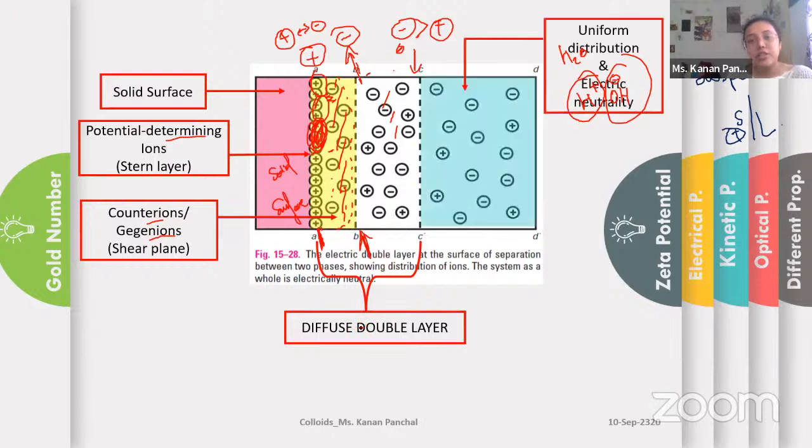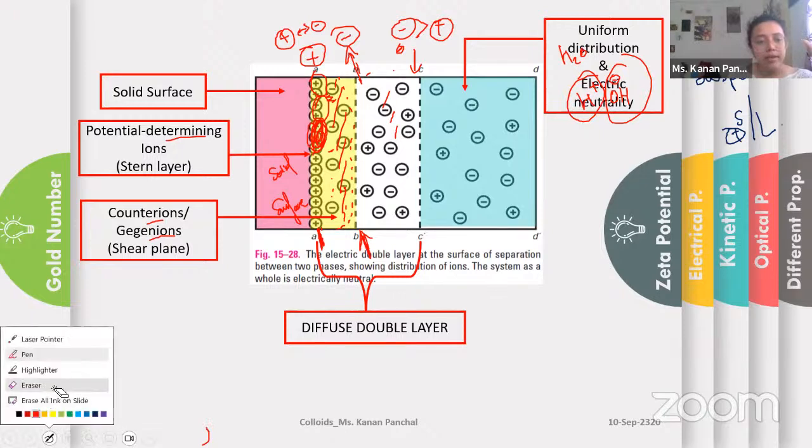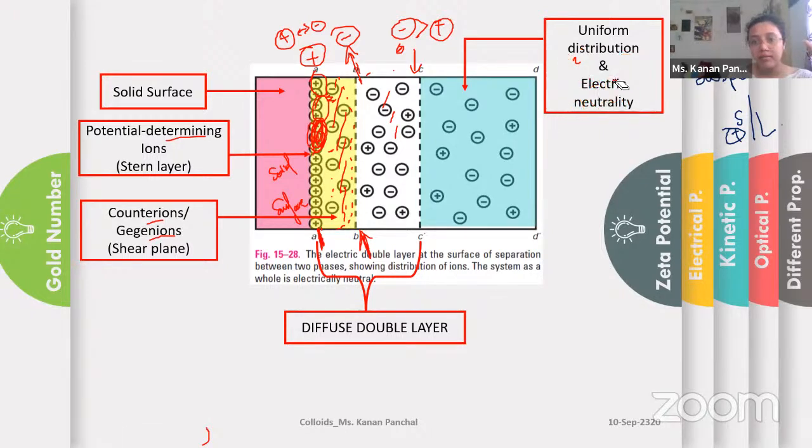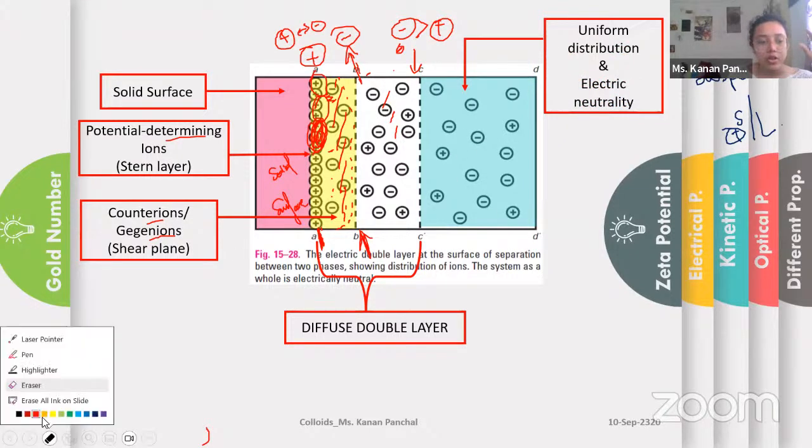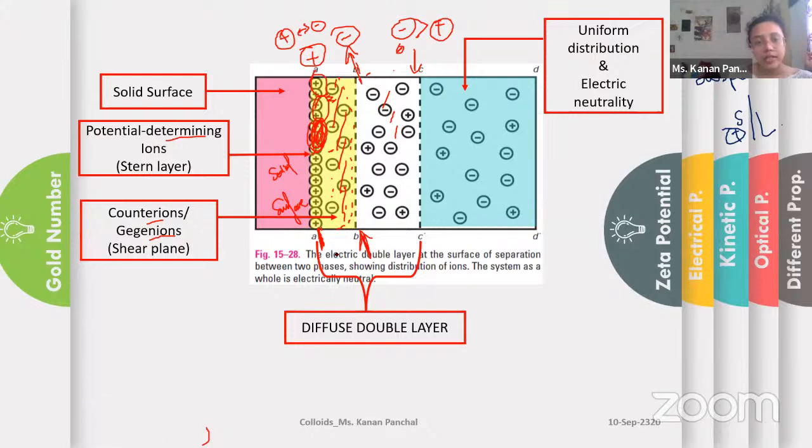And the last region is the electrically neutral layer, because it becomes the bulk. There is a uniform distribution here, so it becomes an electrically neutral layer. So this is your solid surface, this is your stern layer, this is your shear plane layer. Both of these become your diffuse double layer, and this is your electrically neutral layer. Fine.